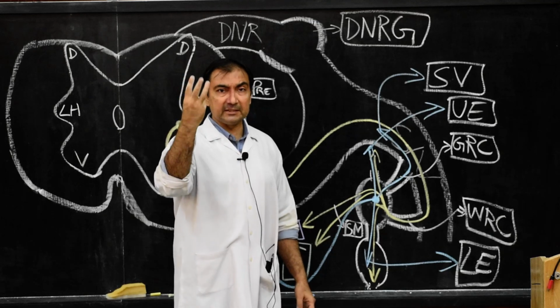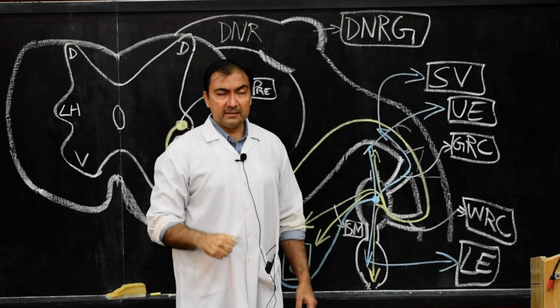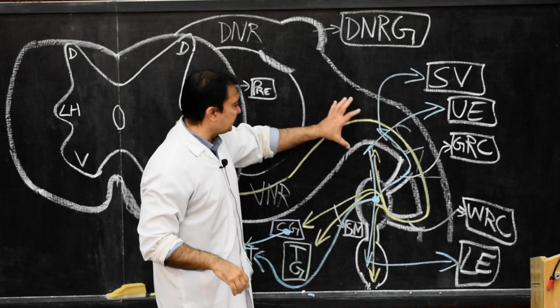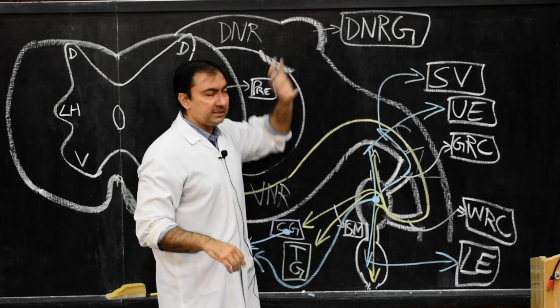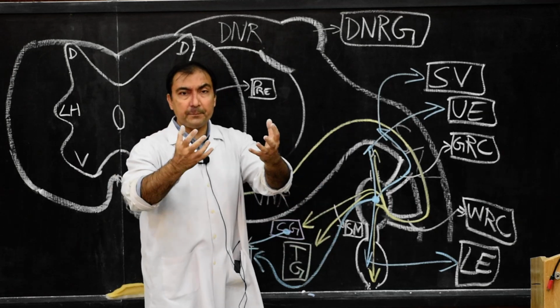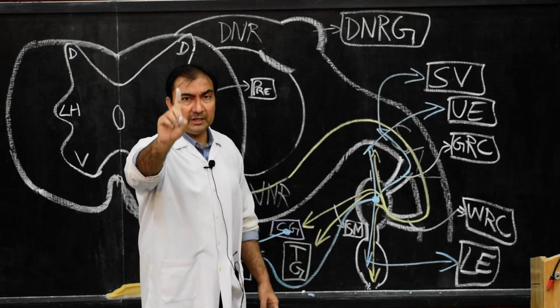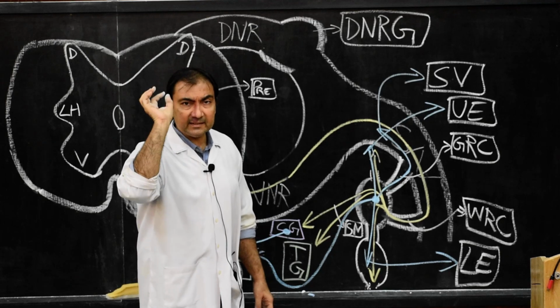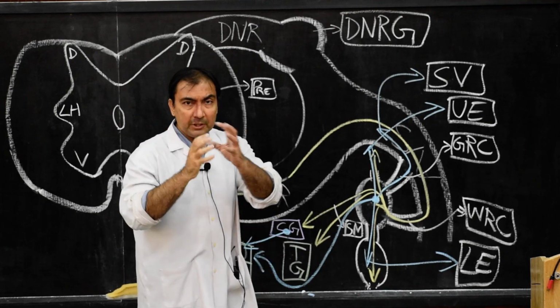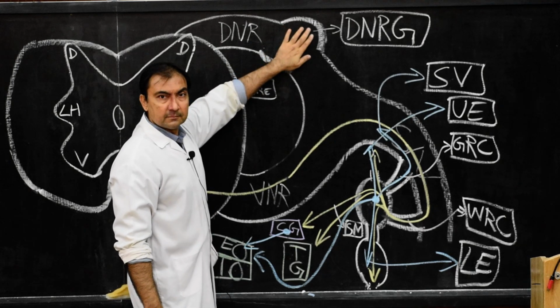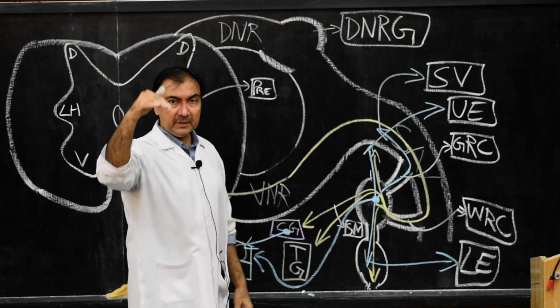Now we consider the third pathway, the sensory pathway. The sensory component of the thoracic sympathetic system. We know that the sensory component is mainly concerned with carrying the pain fibers from the viscera. So therefore, it will have only one neuron, and the cell body of that particular neuron is located in the dorsal nerve root ganglion at all particular levels.